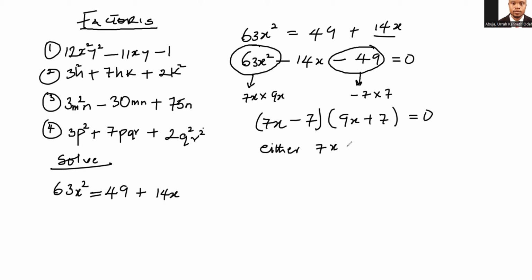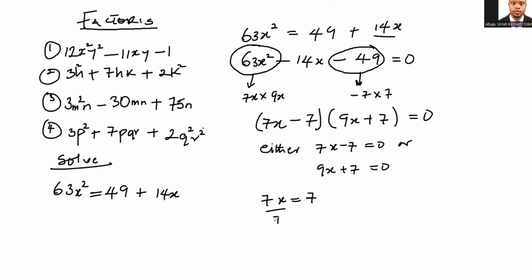The first bracket is 7x minus 7 equals 0. Or we have the second bracket, which is 9x plus 7 equals 0. So let's deal with the first one. So the first part is 7x is equal to, now if this 7 crosses to meet 0, it becomes plus 7.